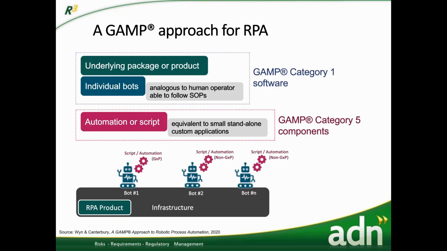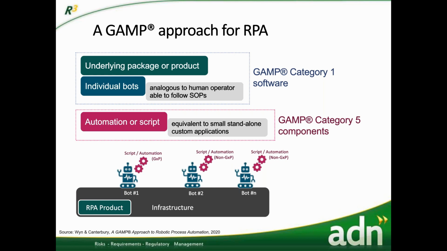We have focused on a GMP approach for RPA, and we distinguished different components of an automation: the package of the product itself with its individual bots, but also the automation and the scripts we added to make them work.